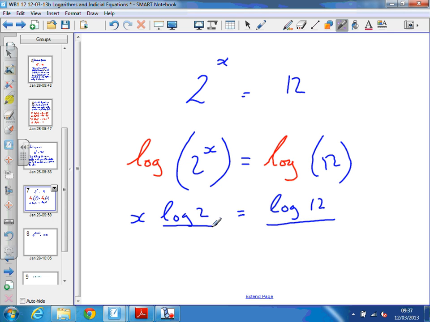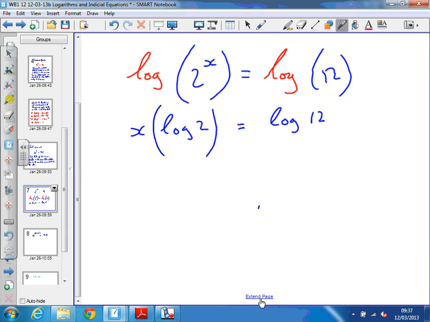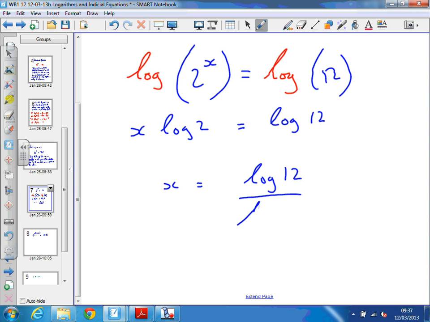So I can divide both sides by that number. I want to get rid of the log 2 bit, so divide by it. x equals the log of 12 divided by the log of 2. And I've solved this indicial equation.